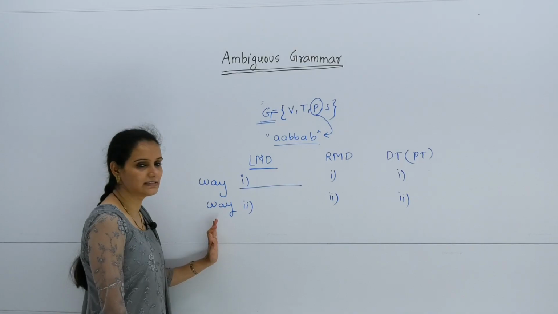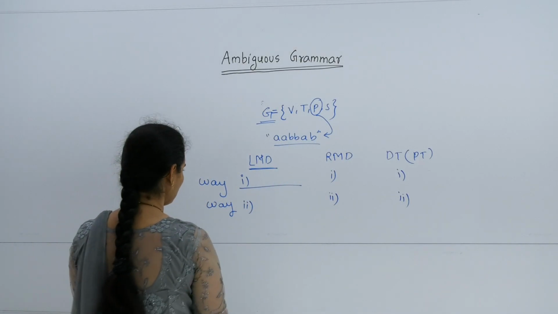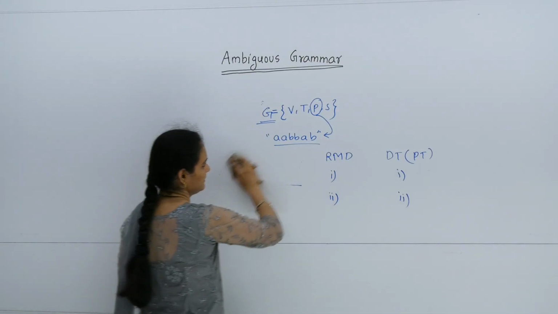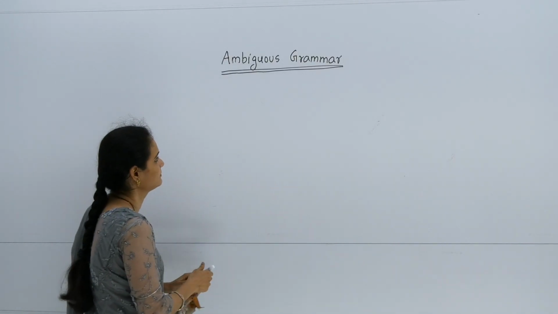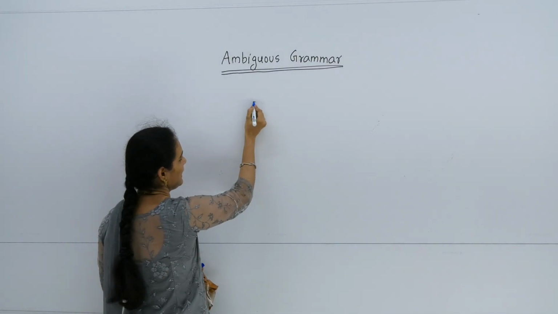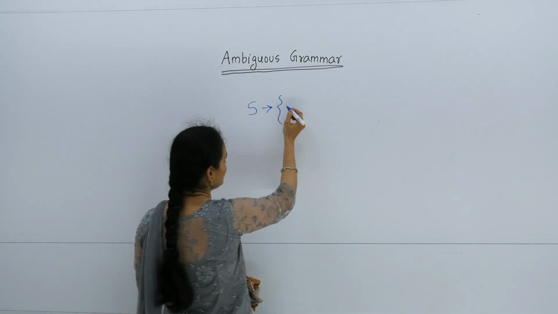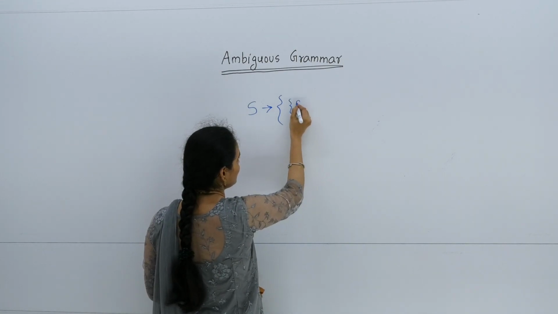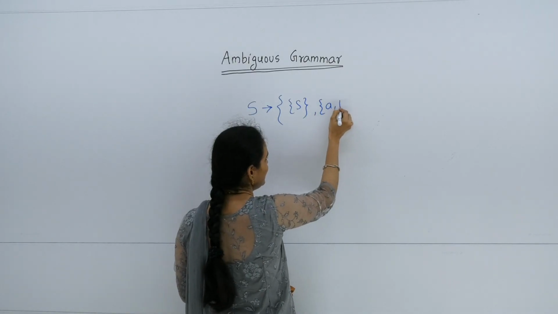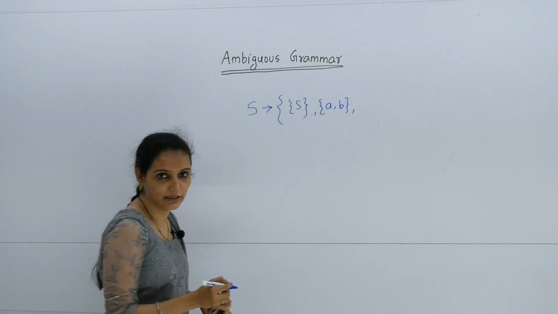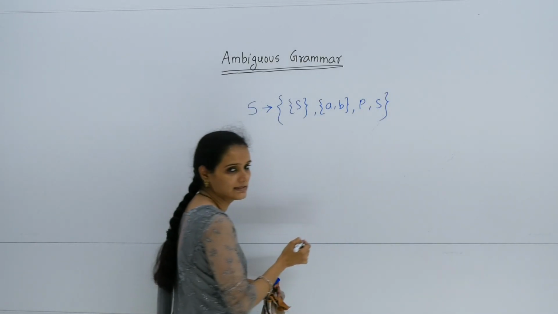Now we will see one particular example of an ambiguous grammar. See here, students. S is my starting symbol. I am using S as the only non-terminal, and A and B are the terminal symbols, followed by the production rules and the starting symbol.